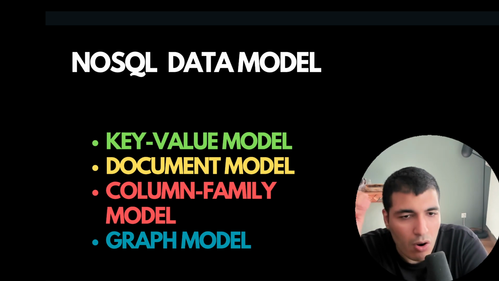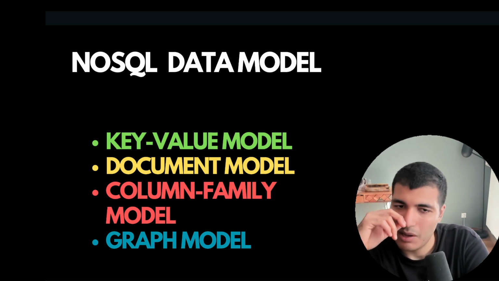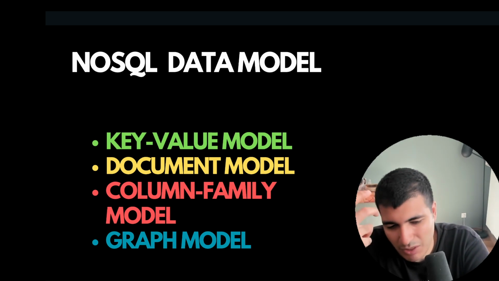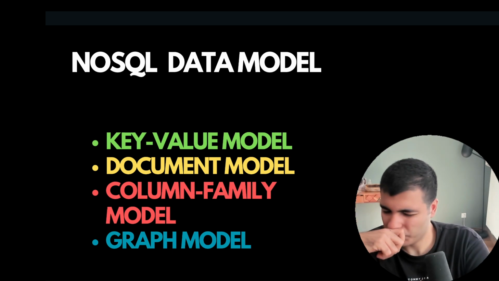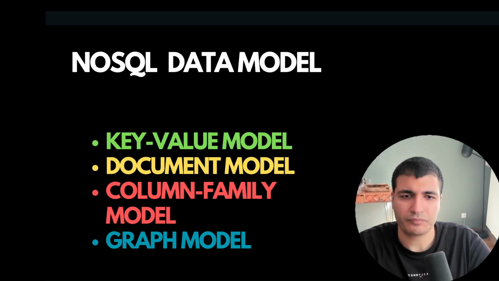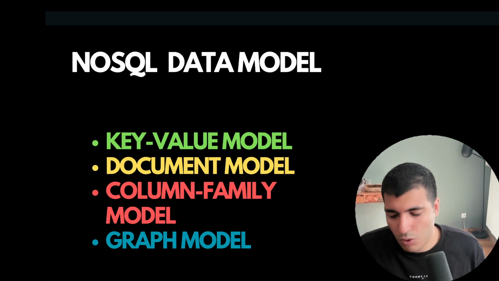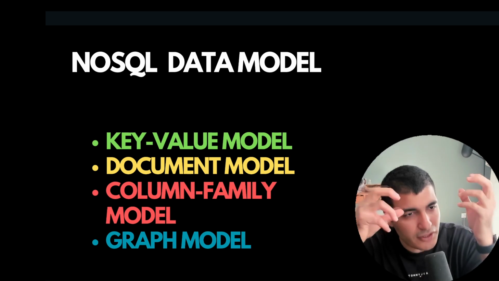Or who are the friends of Mike, for example? But I would say the graph model really shines in something like Facebook or Twitter or any social media network, where relationships are important.